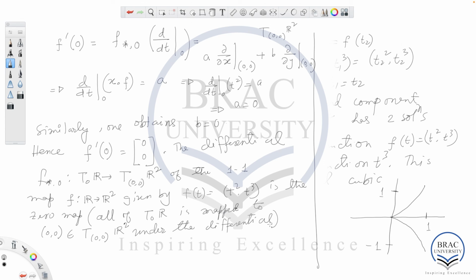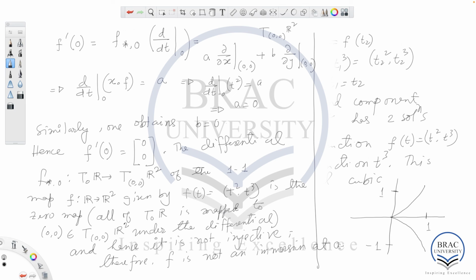Okay, and hence this map f star comma 0 is not injective. Therefore, f is not an immersion at 0.